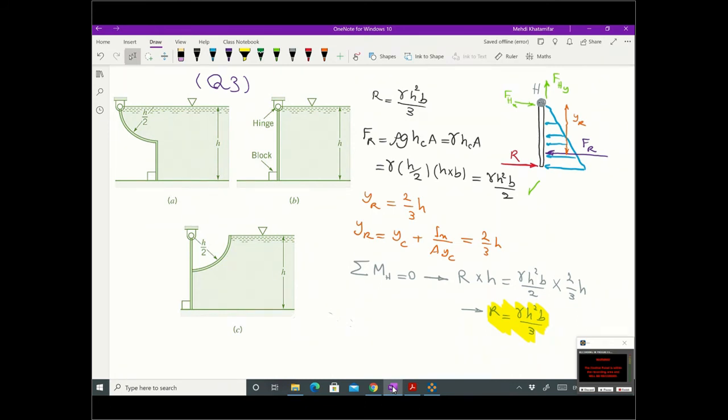So you have the whole pressure. So the section you're selecting is going to be this section.